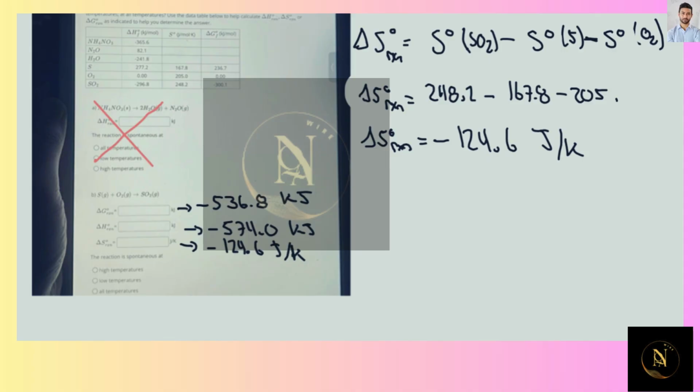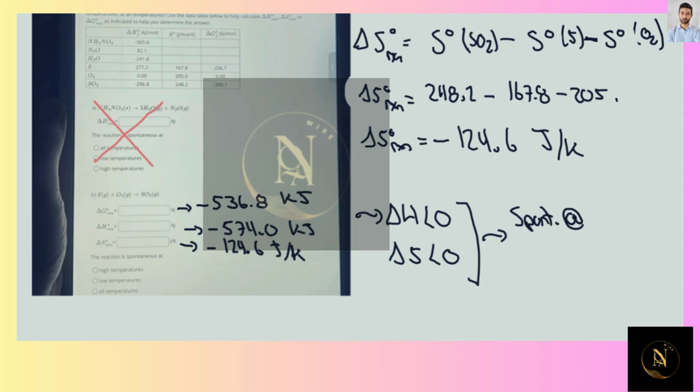So what this means is that delta G is going to be negative under standard conditions, but since we know that delta H is lower than 0 and delta S is also lower than 0, that means that the reaction is going to be spontaneous at low temperatures. Why is that?